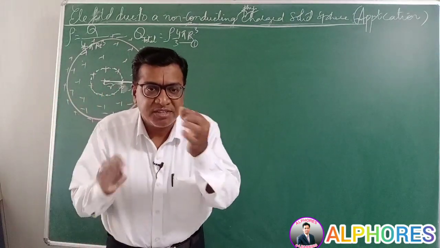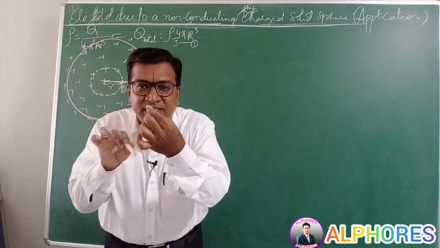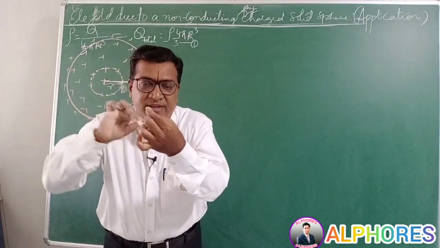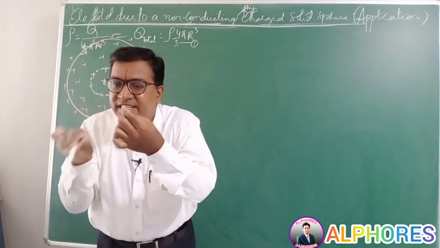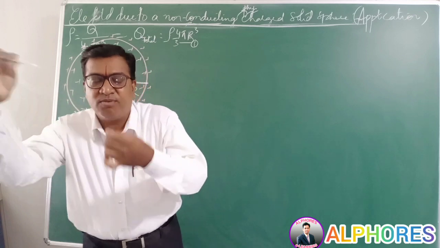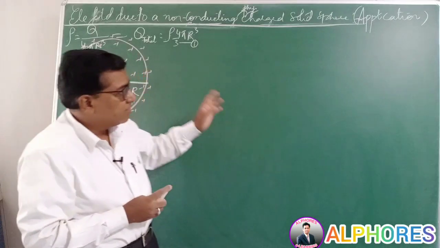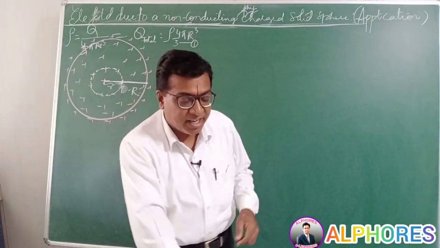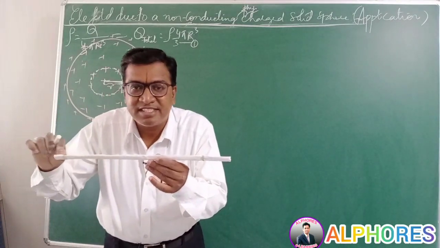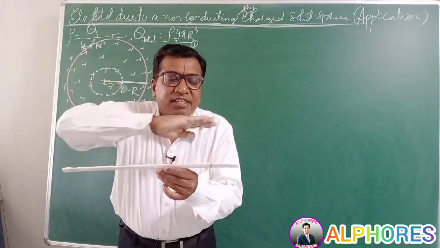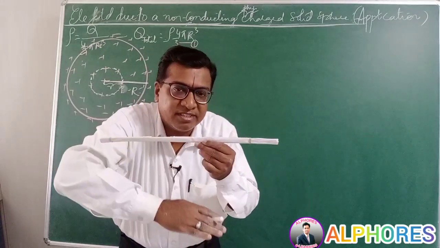For a point charge, the Gaussian surface should be a sphere. At every point, the direction is radially outward, so the field will be normally outward to the Gaussian surface. Second, for a linear charge, a line of charge: whenever charge is along a line, you should imagine a cylinder around it.